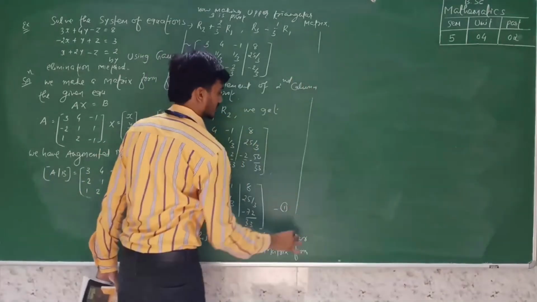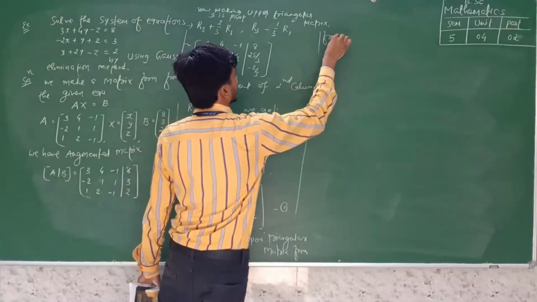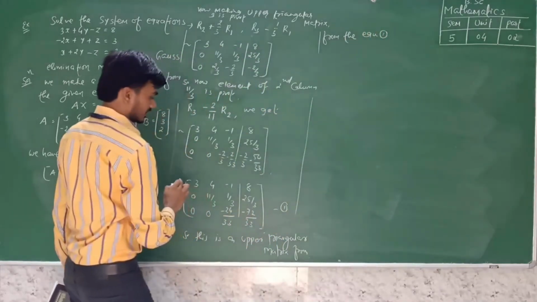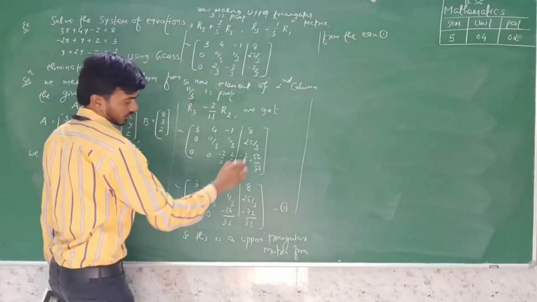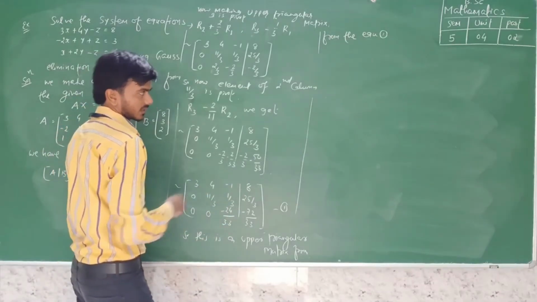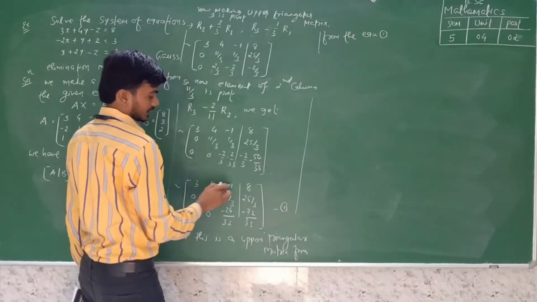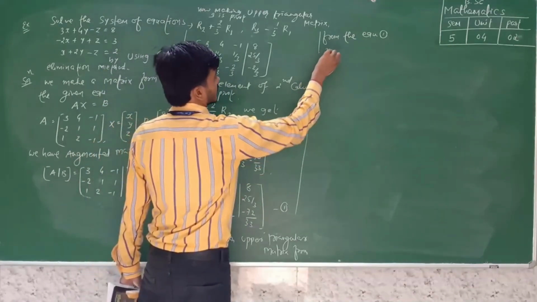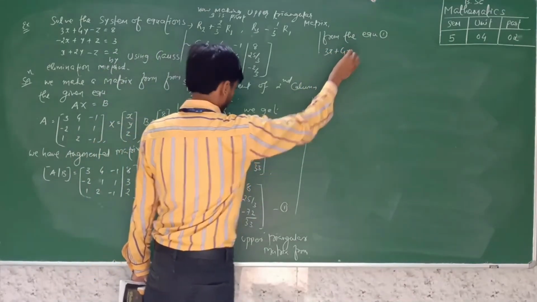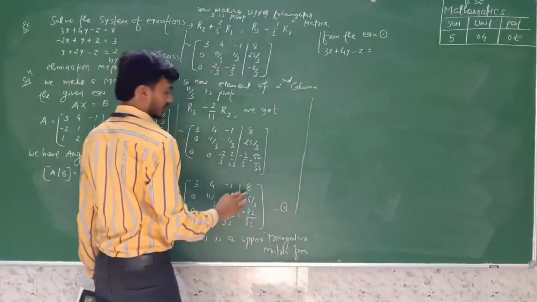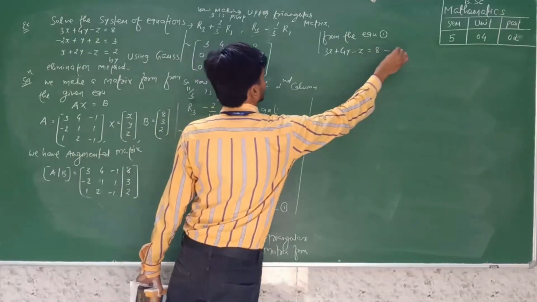So from equation 1 we can directly write this. From the first row and first column, that means x, y, z. From equation 1, 3x plus 4y minus z is equal to 8.